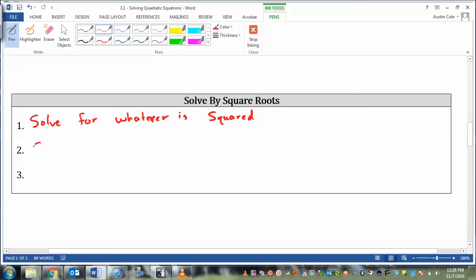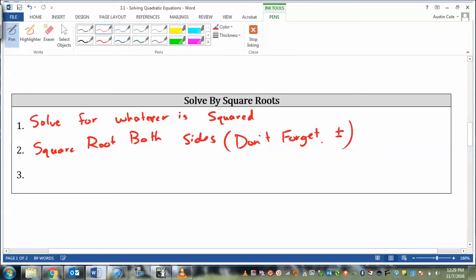Okay? Then we're going to square root both sides. Okay? And then in parentheses, I want you to put don't forget plus or minus.